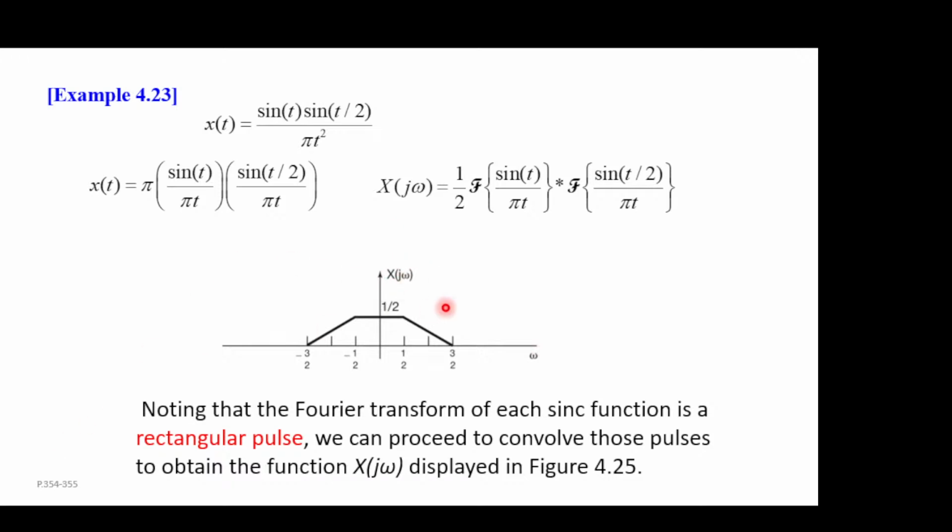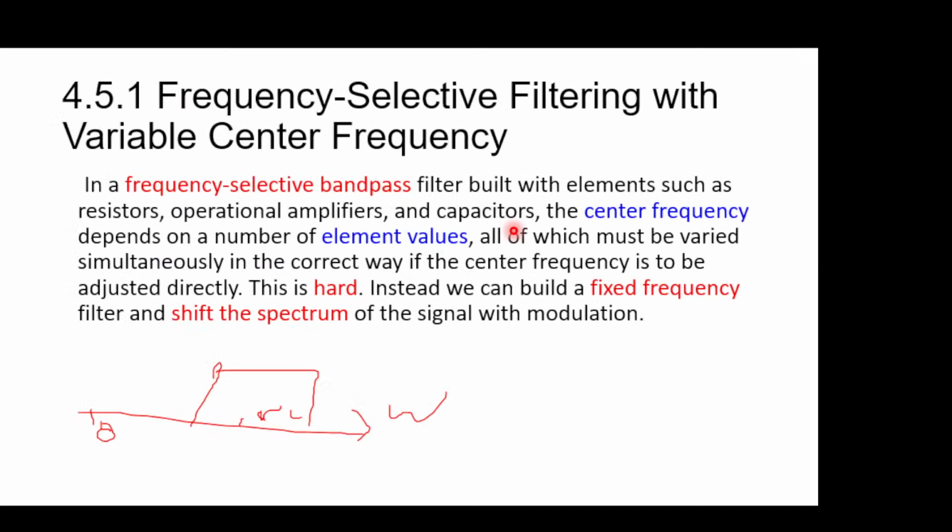So this is another thing you can do. If your signal looks like the multiplication of two signals, then you can calculate its Fourier transform as the convolution of the two corresponding Fourier transforms. And a more communication-oriented application of this modulation property is that we can build a frequency selective bandpass filter.